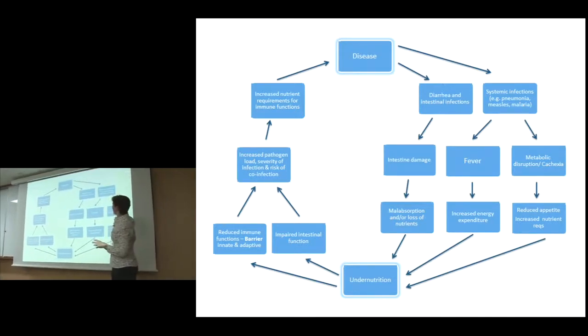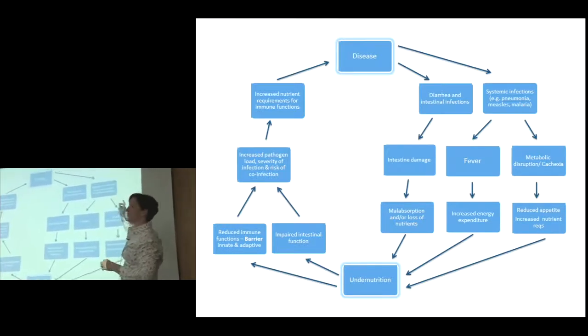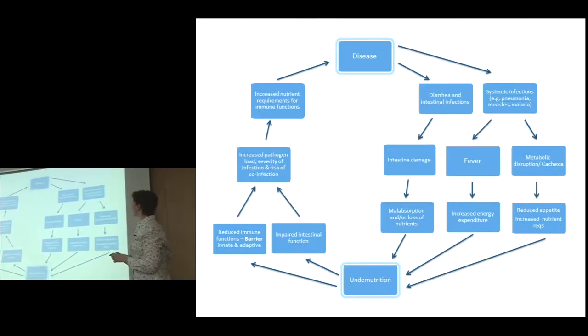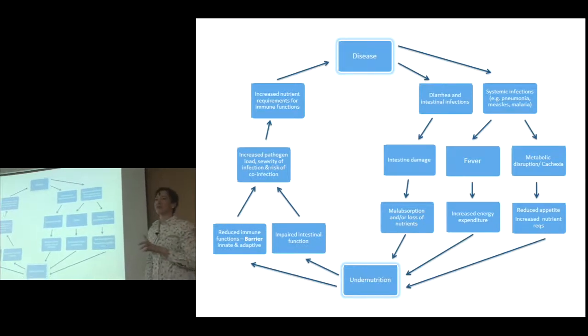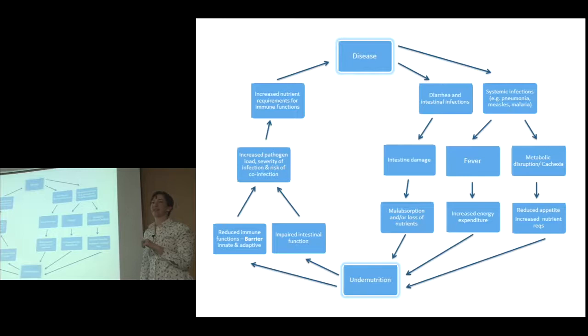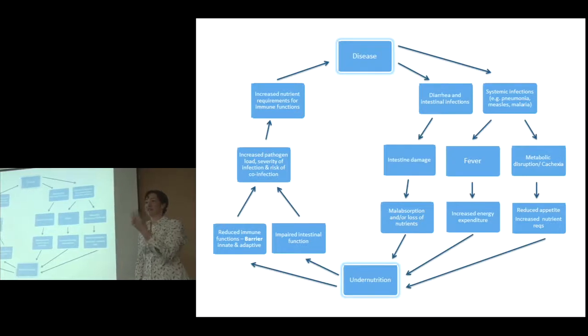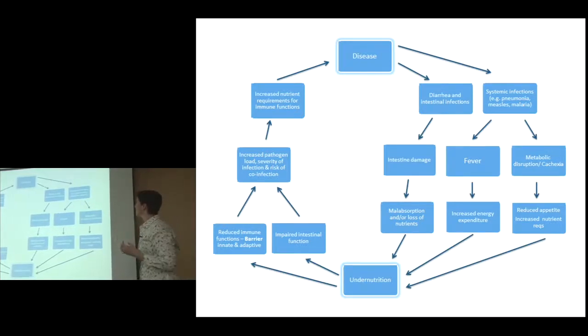But the mechanisms involved are really that, particularly with systemic infections, you have fever, and for every 1 degree increase in body temperature, the basal metabolic rate increases by 13%. So if you think the normal temperature is 37.4 degrees, if you've got a fever of 40 degrees, your metabolic demands have gone up massively just in terms of energy.